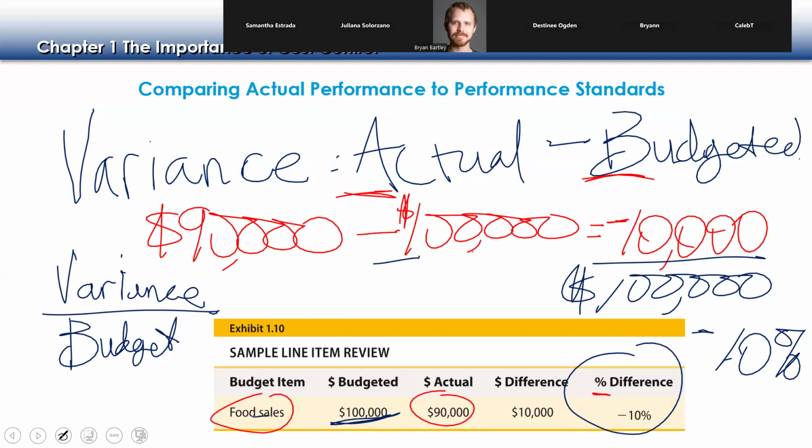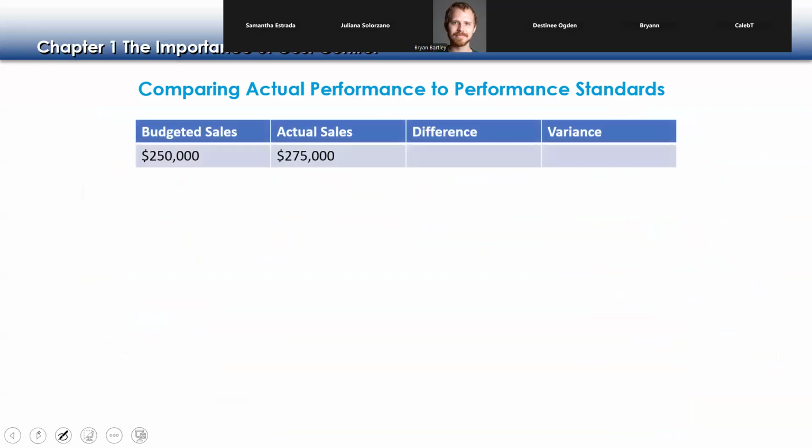We don't know what we did on expenses. If our expenses were way up and our sales are down, that's not a good number. But if our sales are down and we were also able to control our expenses and keep them low, then we can justify not having that high number. Okay?